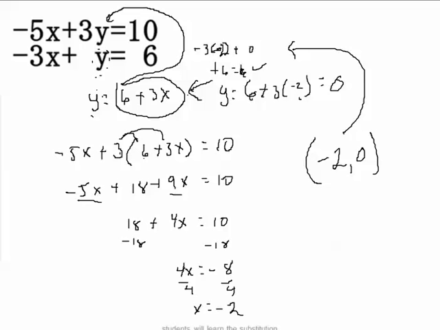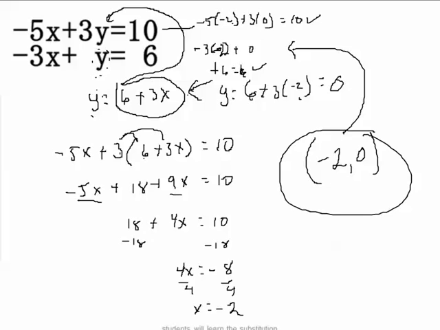So I'm going to take it and plug it into this one up here. Negative 5 times negative 2 plus 3 times 0. Well, negative 5 times negative 2, that's 10. And that equals 10. So check. They both equaled the values at that point. So I found a point that made both of these two equations true at the same time. This would be my solution.